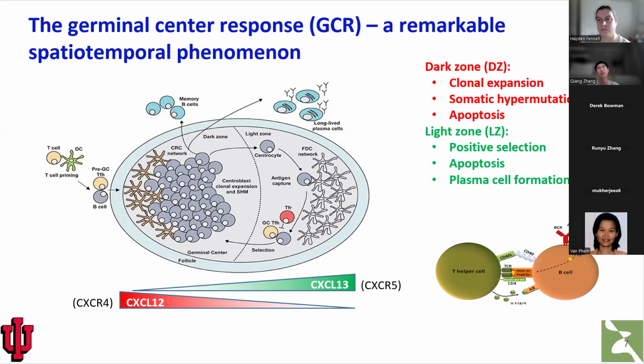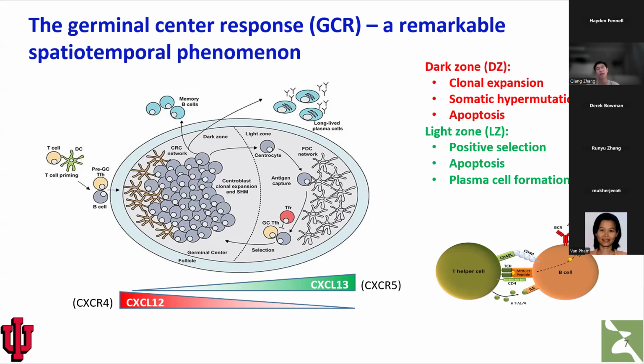So during this two, three or four cell divisions, these B cells will start to go through what they call somatic hypermutation, which means the gene sequence encoding the heavy chain of the immunoglobulin will be mutated through point mutation for every single cell division. So once a mutation happens, the antibody affinity that's encoded by this heavy chain can either improve or get worse, because mutations are always random.